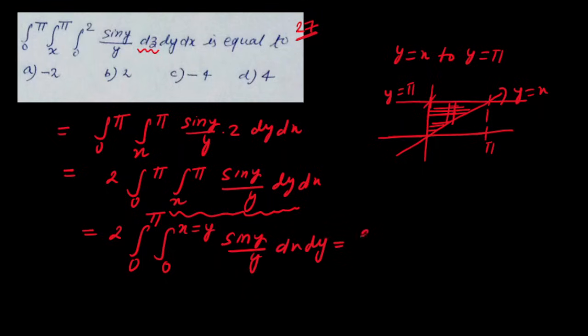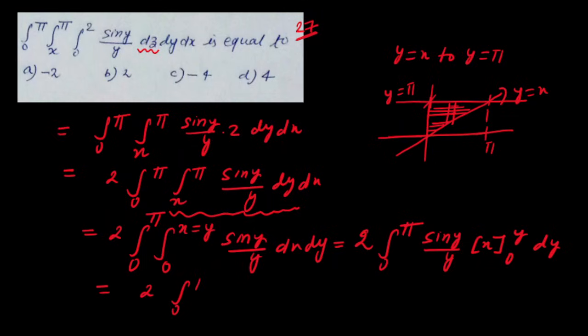Now I will write 2 times 0 to pi sine y by y. We have to integrate it with respect to x now, so sine y by y is constant. Integration of dx is x, limit is x is equal to 0 to y, and then dy. So if I put it y minus 0, I will get just 2 times integration 0 to pi sine y by y, the y will cancel, so I will just get sine y dy.